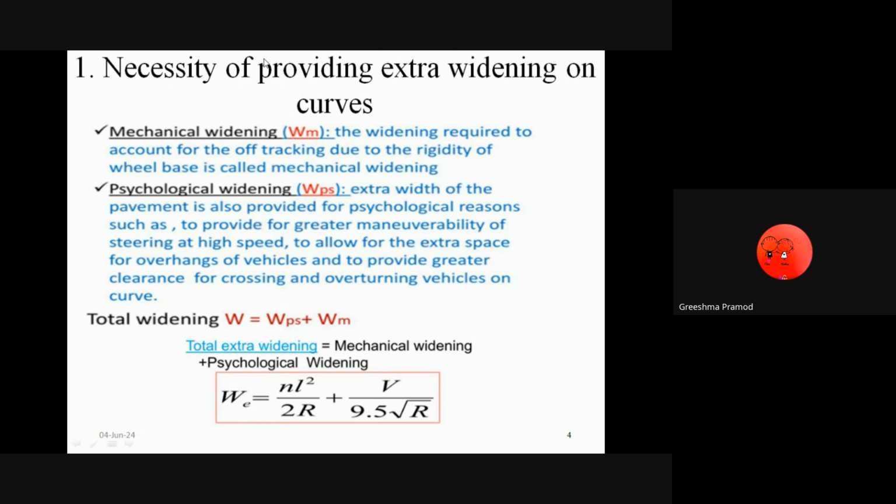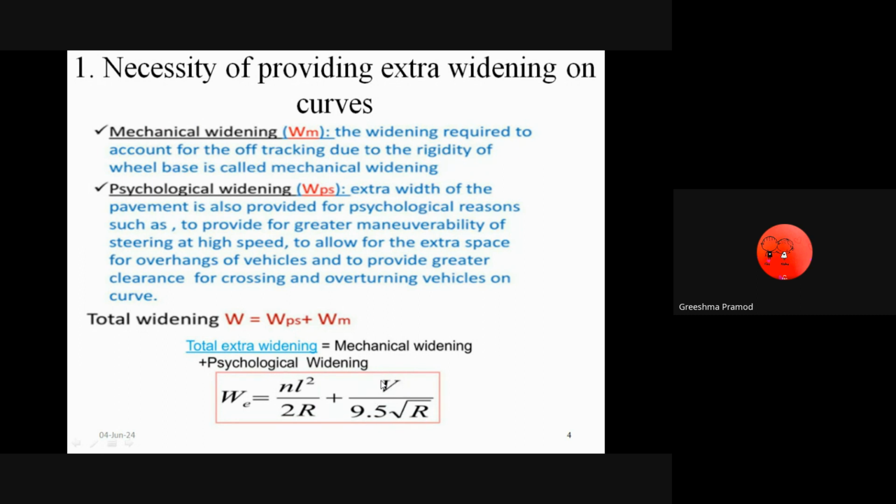So when a question is asked, you need to write the mechanical widening, the psychological widening, and the formula also. The total widening We is equal to the mechanical widening plus the psychological widening. The mechanical widening is given by the formula nl squared by 2R, where n is the number of traffic lanes, l is the length of the wheelbase, and R is the radius of the curve, plus V by 9.5 root R. This term is the psychological widening.